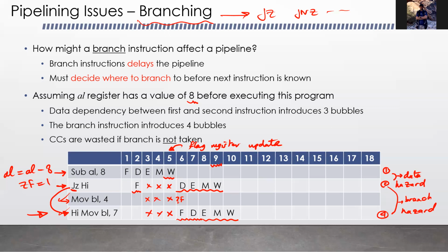One may say there is a dependency between the fourth and the third instruction. I'm going to say no, because either one of them will be executed because of the jump. If there is no jump, of course there will be a dependency between the fourth and the third instruction. But we don't have this right now, so we just have the branch hazard.